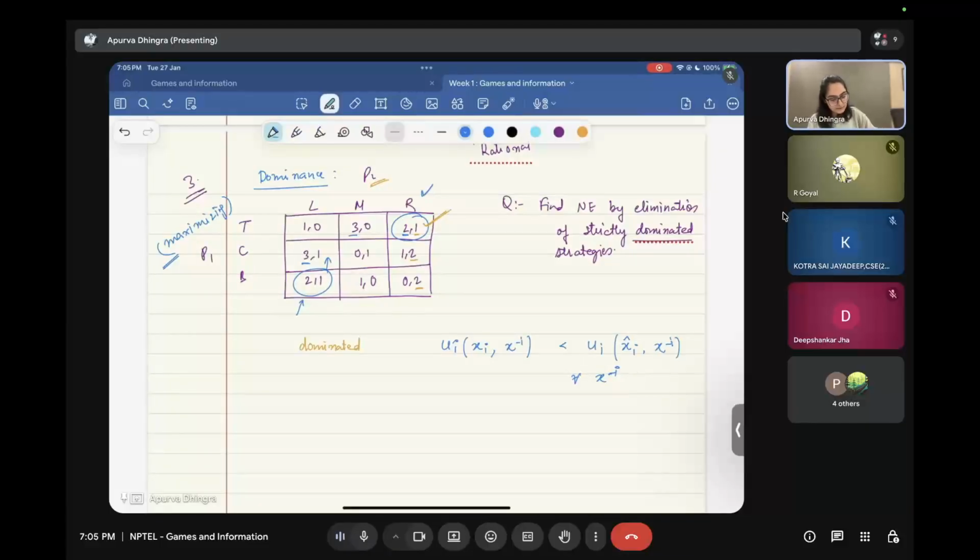In this language, the utility of player 2 for R, given any strategy x1 of player 1, is greater than for L, and again greater than for M, and this is true for all x1 from T, C, B.